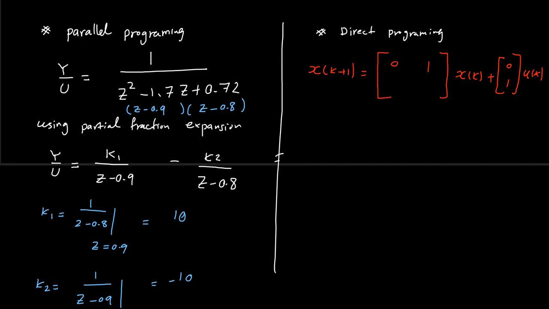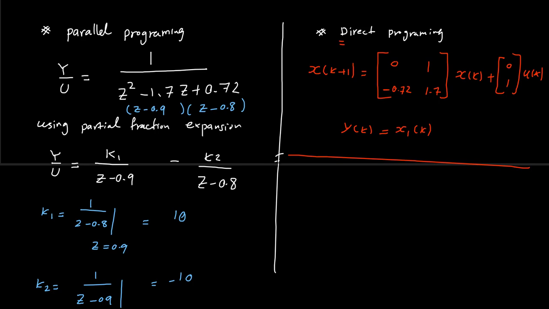Now here I will start with the coefficient of the z minus 1 inverted in the sign, so minus 0.72, and here it will be 1.7. Because here we have only 1, this means that y of k is equal to x1 of k. Now this is the direct programming.